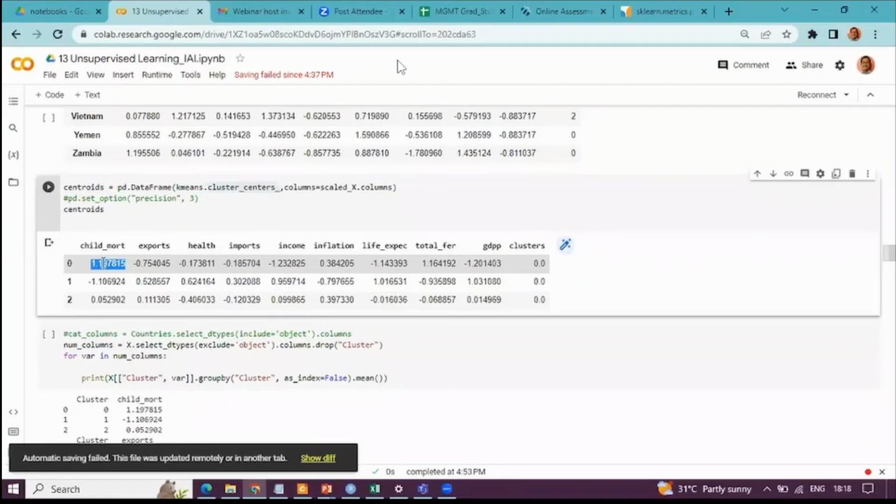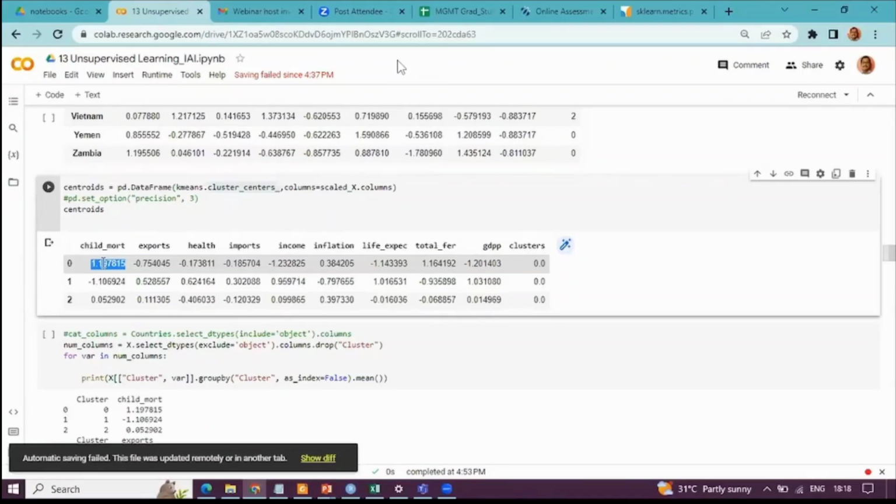Cluster 0 has a very high fertility. Cluster 1 has a very low fertility, and cluster 2 has somewhere in the middle. And similarly with the GDP per capita. So we can see that cluster 0 has a very low GDP. Cluster 1 has a very high, and cluster 2 almost in the middle.